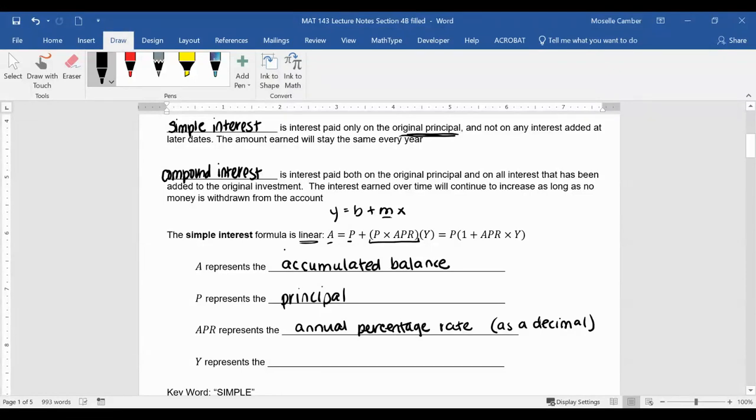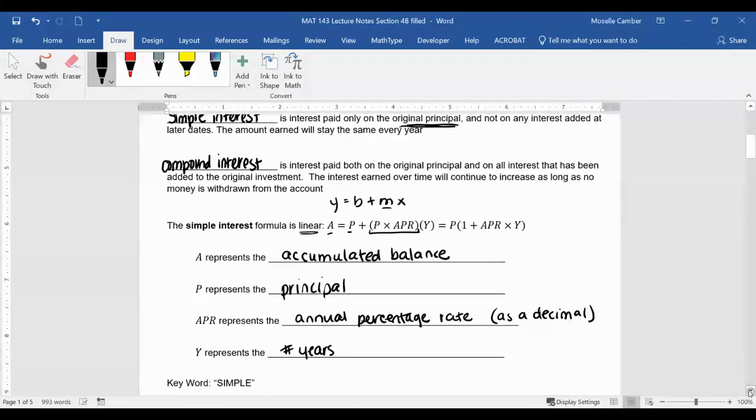So you take your percentage rate of, which means times, your principal, and that gives you your slope. And you're going to add that for Y number of years. Okay, so that is my linear.